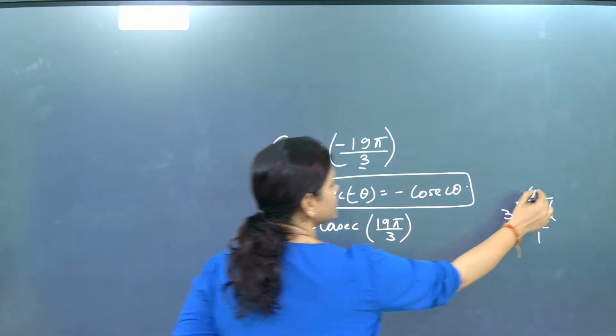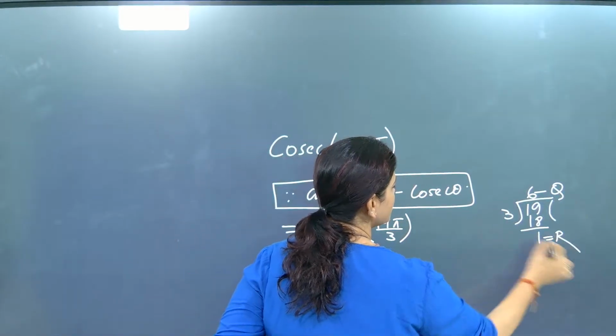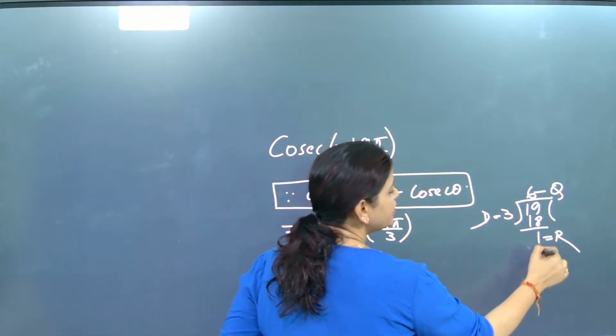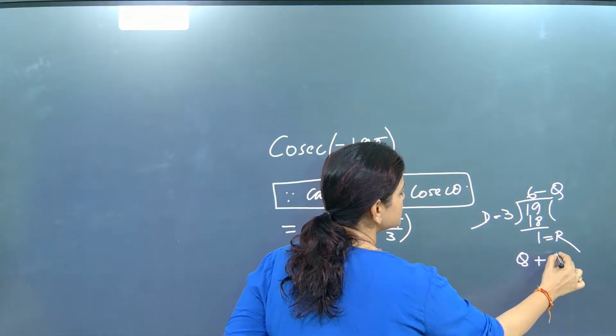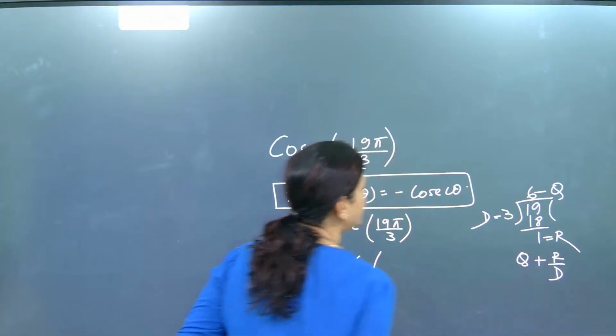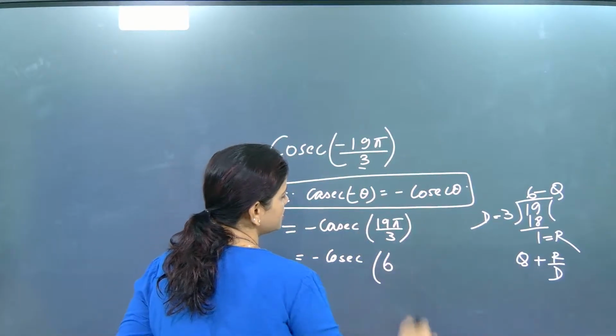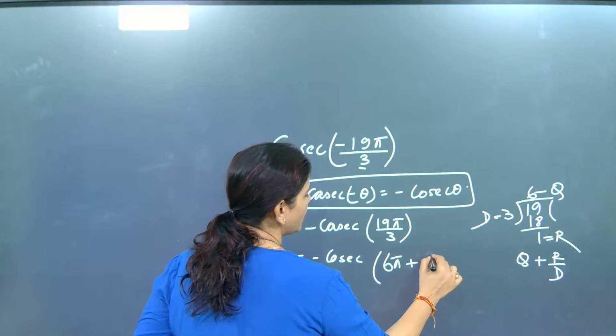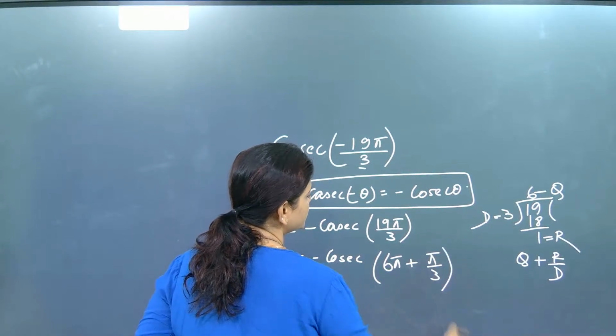This is the quotient, this is the remainder, and this is the divisor. The entire game is quotient, remainder, and divisor: quotient pi plus remainder pi by divisor. Quotient is 6, remainder is 1, so 1 pi by divisor 3.